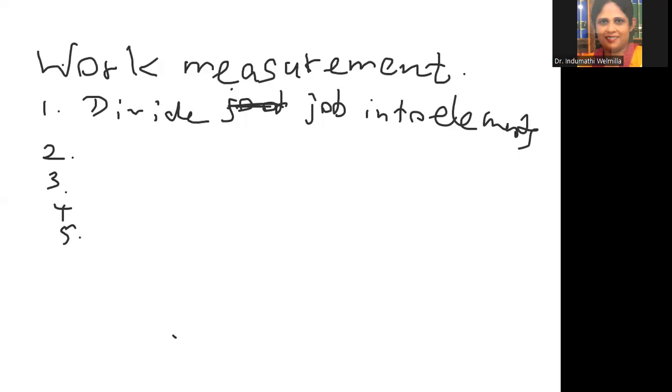Okay. So then finally, I would like to explain to you about the time study, because the time study is the most commonly used method for work measurement, right? To measure the work, we use time study. So it is a direct observation technique, right?